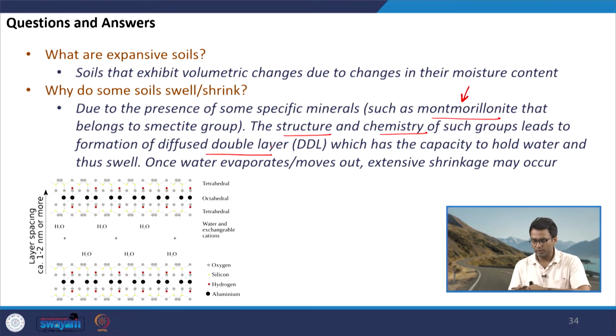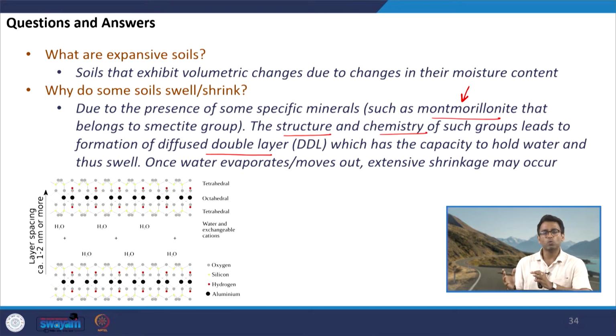We will talk about the diffused double layer concept. This diffused double layer has a capacity to hold a large amount of water, and since it can hold a large amount of water, the volume expansion or swelling in the soil becomes very large.